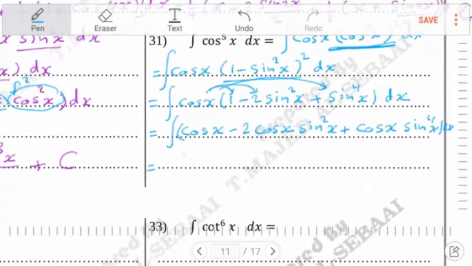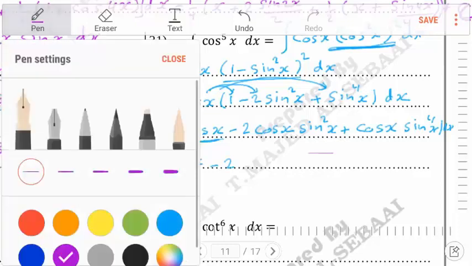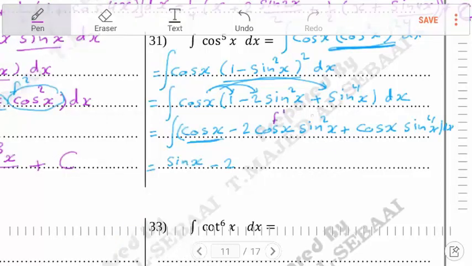Now, cosine, can I integrate it now? Does it have integration? Yes. It is sine x. Minus 2. Come, this is f dash and this is f squared. This is f dash and this is f to the 4. Right?